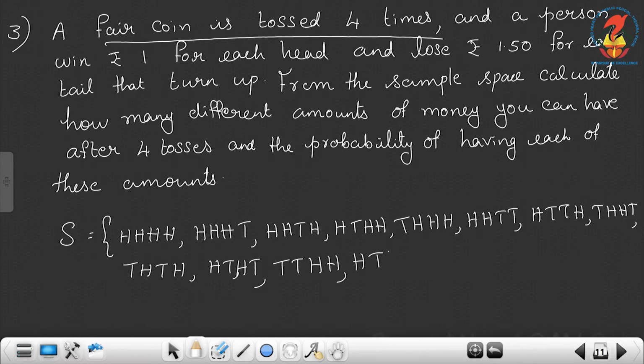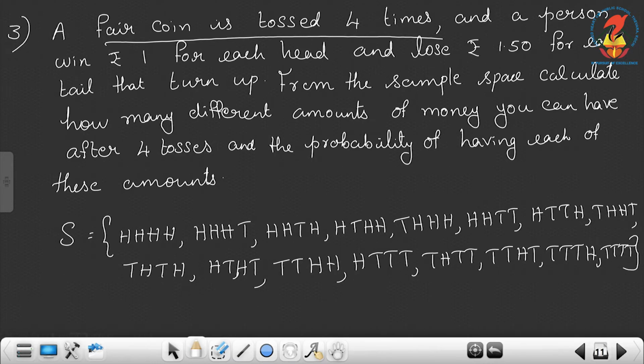Then H and triple T: HTTT, THTT, TTHT, TTTH, then 4 T's. So total 16 outcomes. 1, 2, 3, 4, 5, 6, 7, 8.